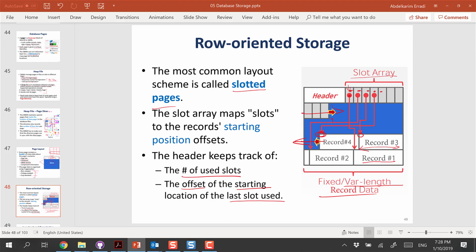This slotted pages organization is the most commonly used for row-oriented storage. We maintain an array on top of the page that keeps track of the record ID and the offset where we will find the record on the page.